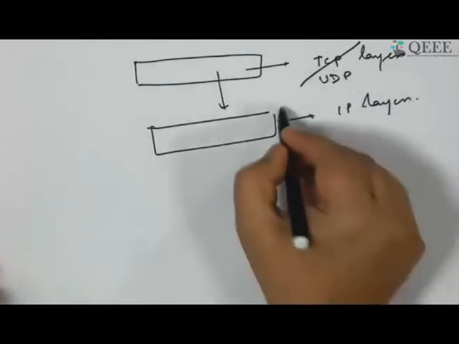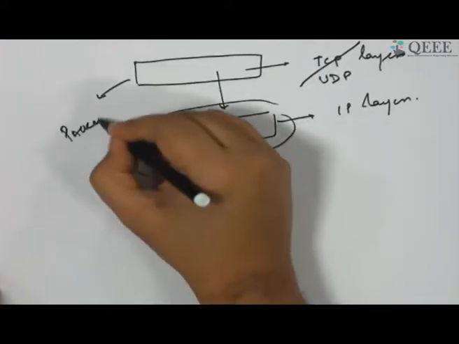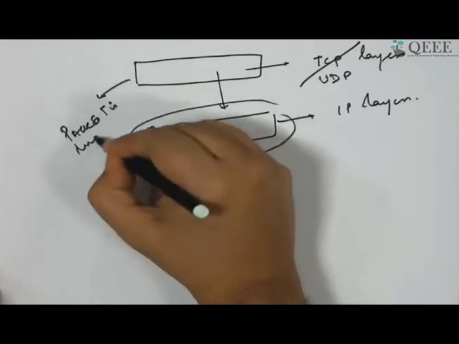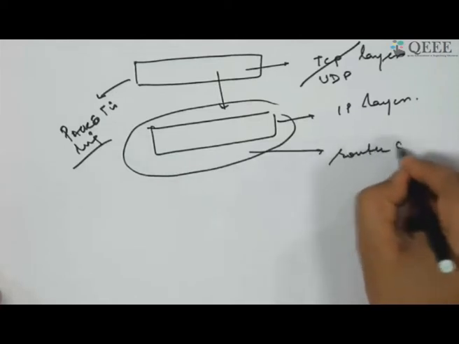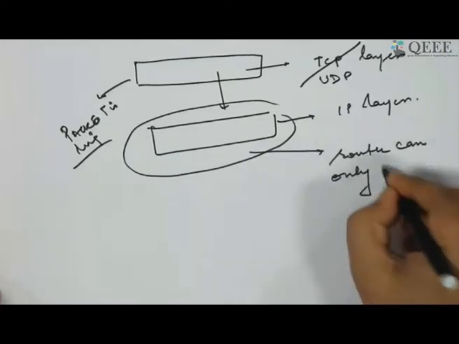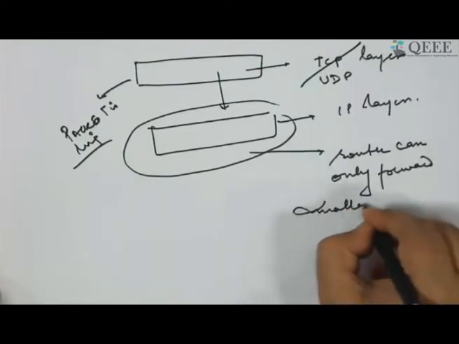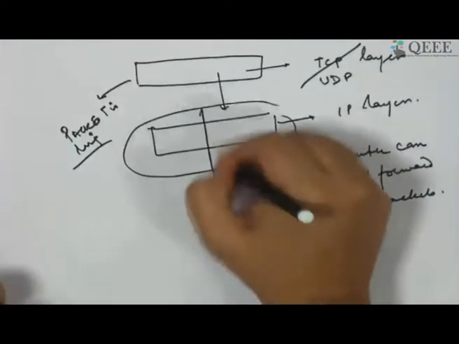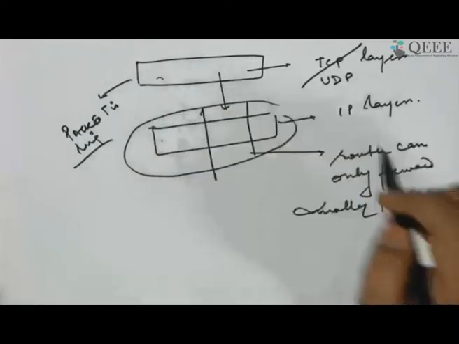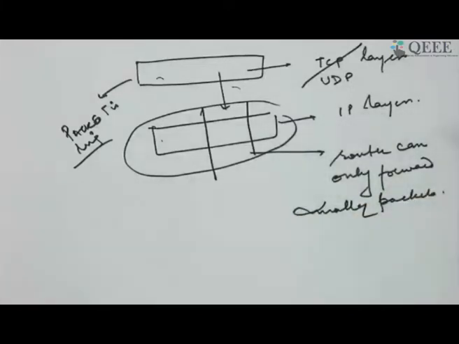It comes to the IP layer, but this packet is big, and my router can only forward smaller packets. Then I have to divide this packet. So although this is one packet at the TCP layer, it gets divided in the IP layer.